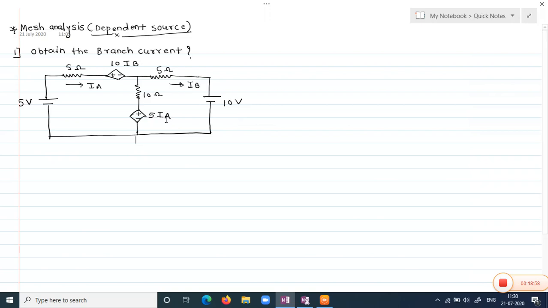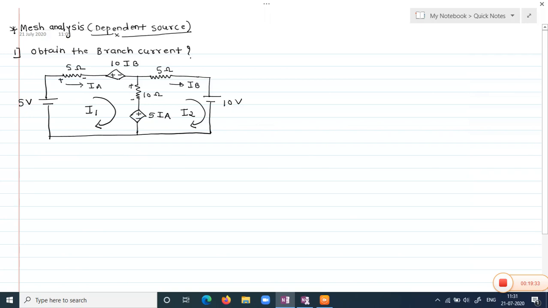Now we will assign a current to different mesh. Here we have two mesh, right? Then we have to apply a current to mesh 1 as I1, and current flowing through the second mesh is I2. Then we have to apply the polarity to each element. Here positive, negative, here positive, negative.